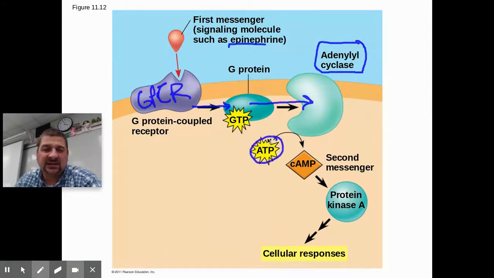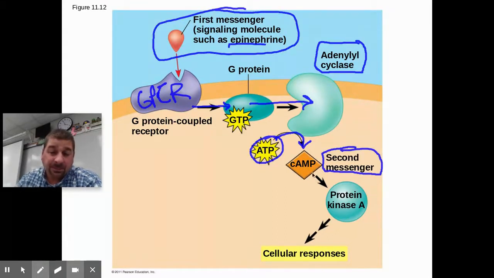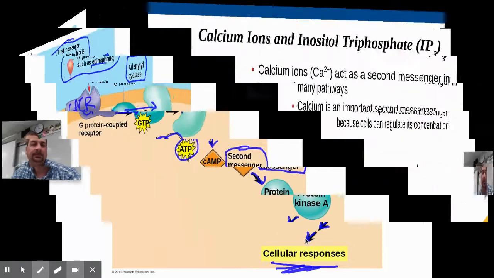Adenylyl cyclase is going to take ATP and change it to cyclic AMP. Now cyclic AMP is considered our second messenger. The first messenger is out here, our ligand like epinephrine. And our second messenger, cyclic AMP, is going to cause this cascade: protein kinase A, kinase B, kinase C, kinase D, all the way until we get our response.